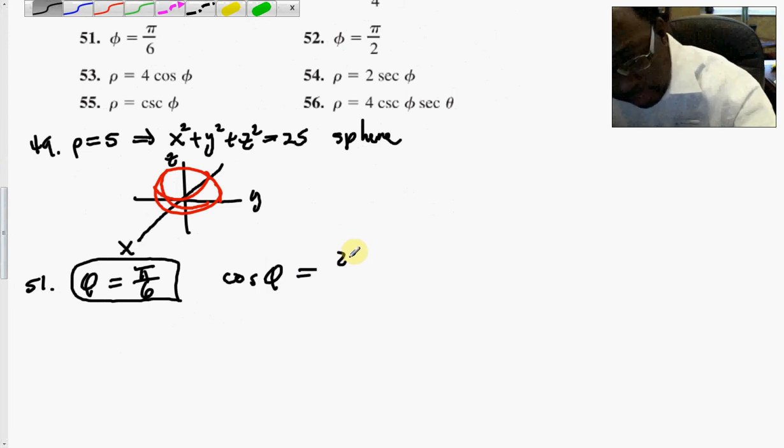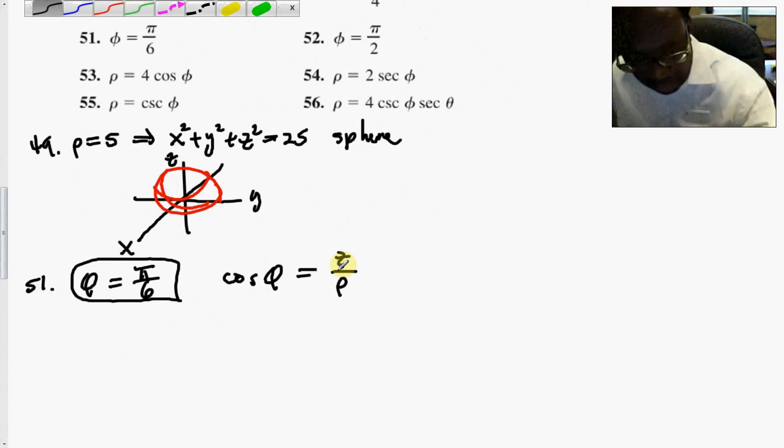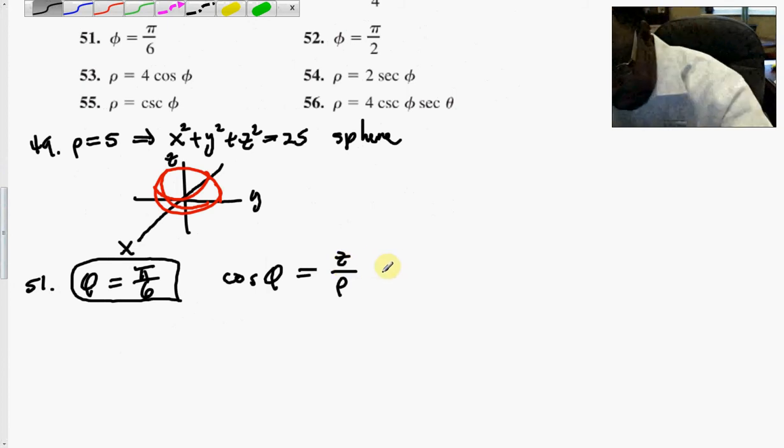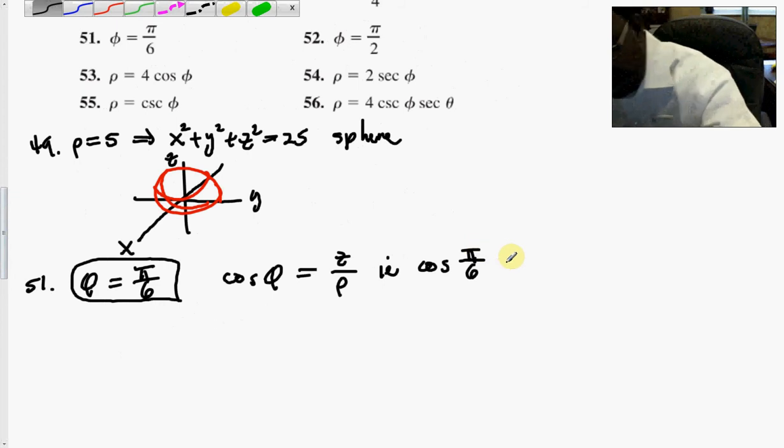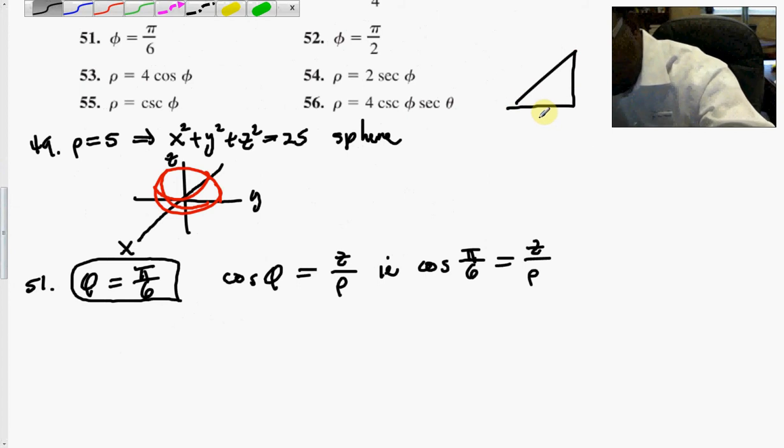We know that this is given by z over rho, and so phi is pi over 6, so that's equal to z over rho again.